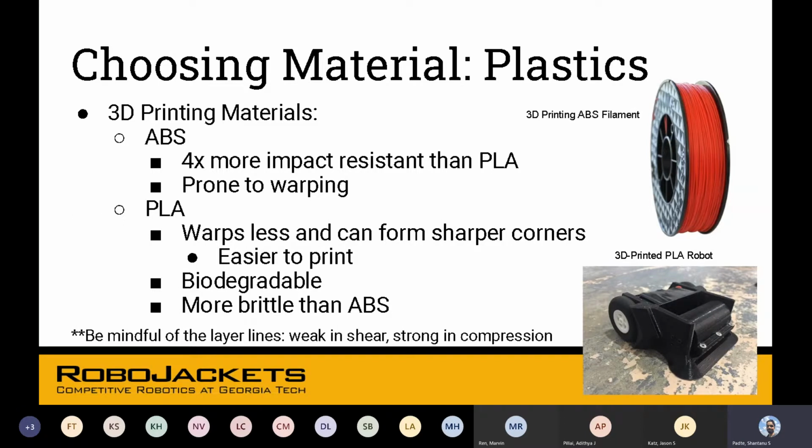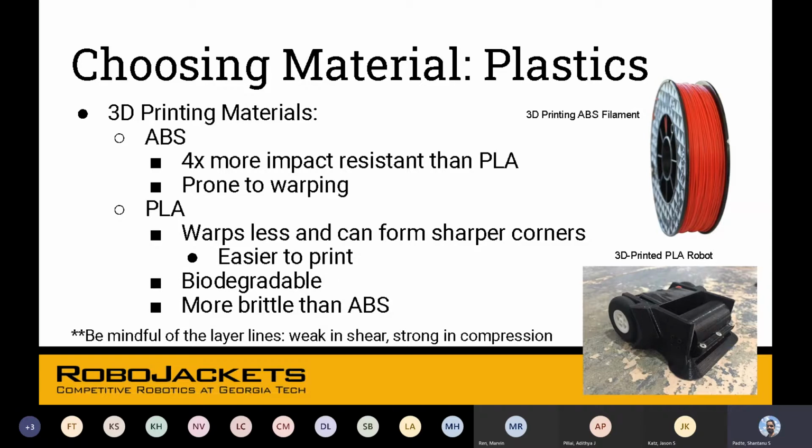And PLA warps less. Usually you can get finer details out of PLA, and it's biodegradable. That is something I did not know, but that's a good thing too. So that's the whole point of rapid prototyping.